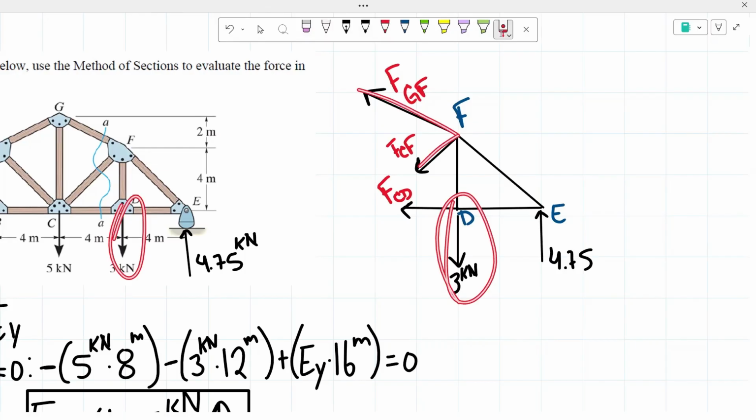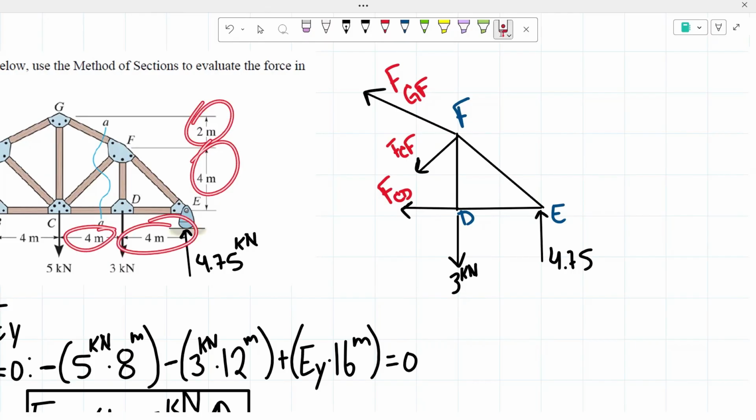And then from there, we have our three members, our three bars that we're trying to determine the force of. I'm going to assume that they're in tension for right now. Then as we go solving them, if we get a positive number, that means we assumed correctly. And if we get a negative number, that means that they're actually going to be in compression. And then from there, we have dimensions on the figure that are already given to us.